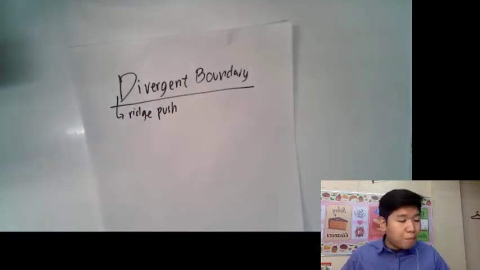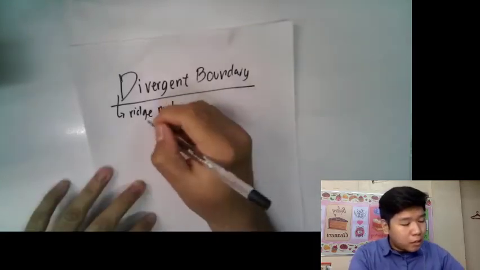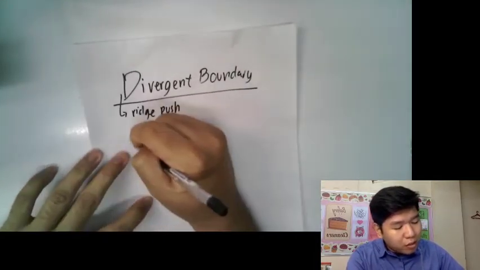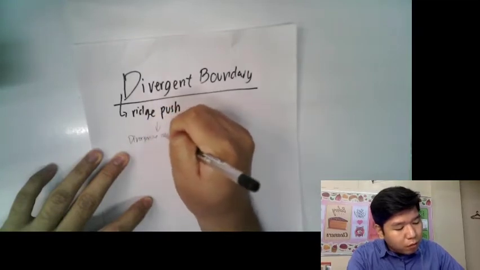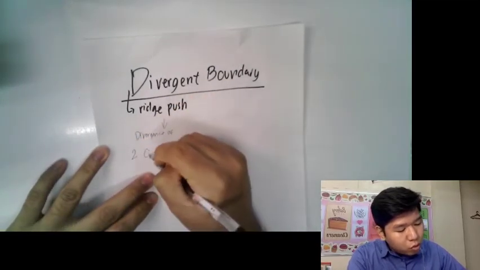So there will be two types of divergent boundaries. A very famous one is the divergence of two oceanic crusts.